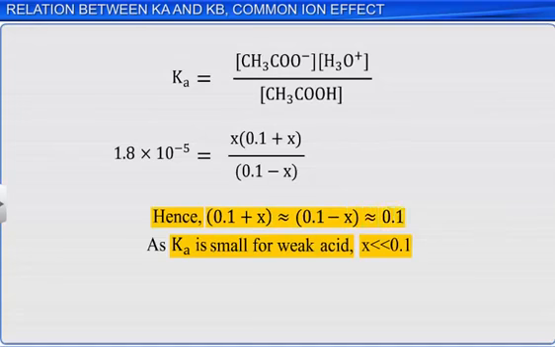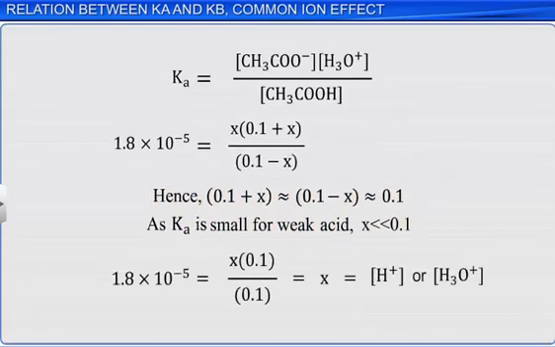Thus, 1.8 × 10^−5 is equal to x multiplied by 0.1 divided by 0.1. This is equal to x, which is nothing but the H+ or H3O+ ion concentration.